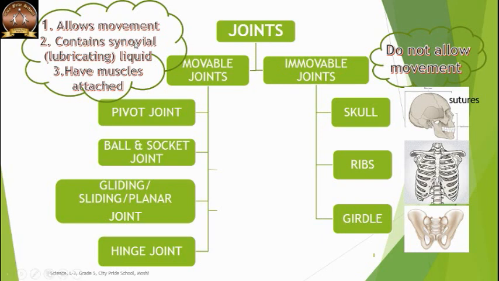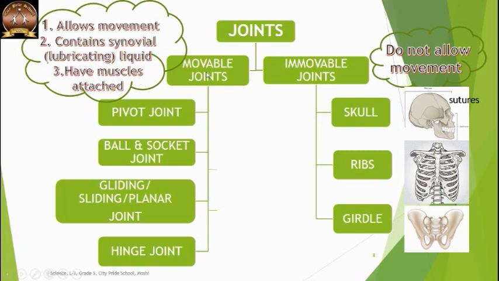They contain a synovial liquid, which is a lubricating liquid that reduces the friction between the joints. Now, we have learned that the bones cannot move by themselves but need to be powered by muscles, and therefore all movable joints have muscles attached to them.